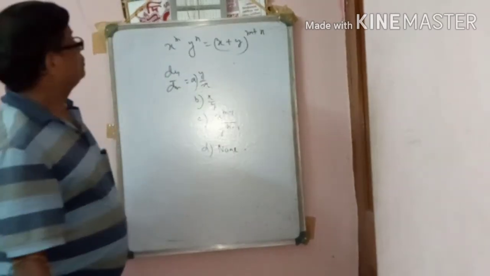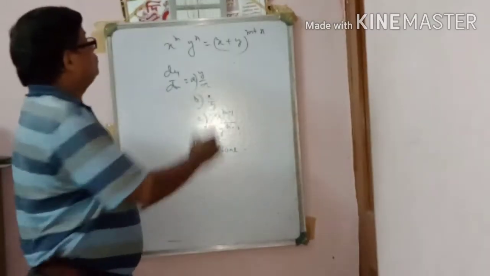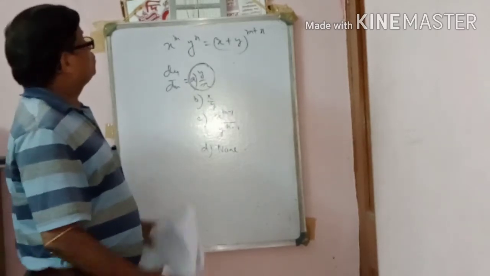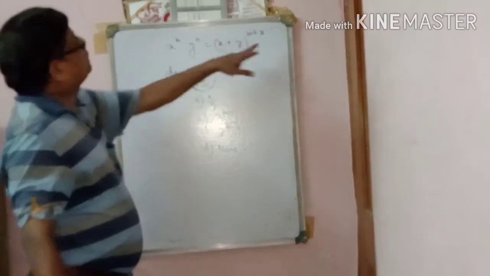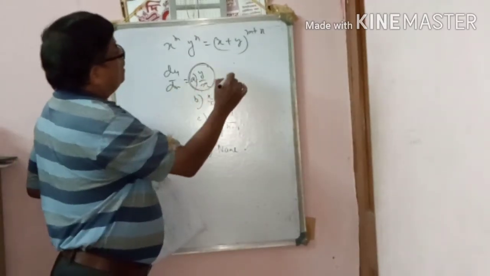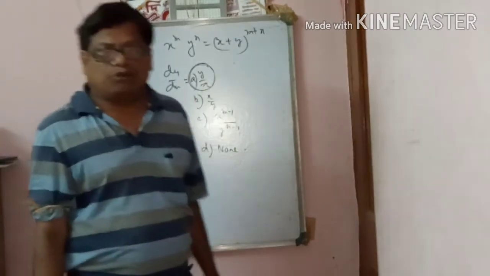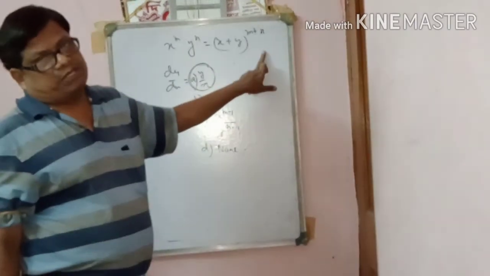Okay, so all of you know this will be y by x, this type of sum, y by x is the answer. Taking log on both sides here: m log x plus n log y equals (m plus n) log of (x plus y).